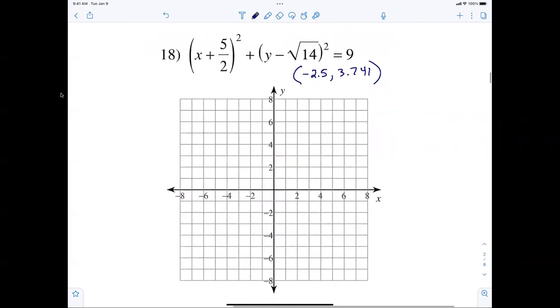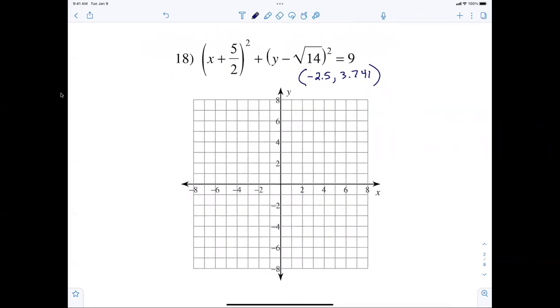And then you're going to graph -2.5. Obviously, it's not the easiest thing to do. It's just an approximation. And then 3.7. And then your radius is 3. So from there, you're just going up 3, down 3, left and right 3.